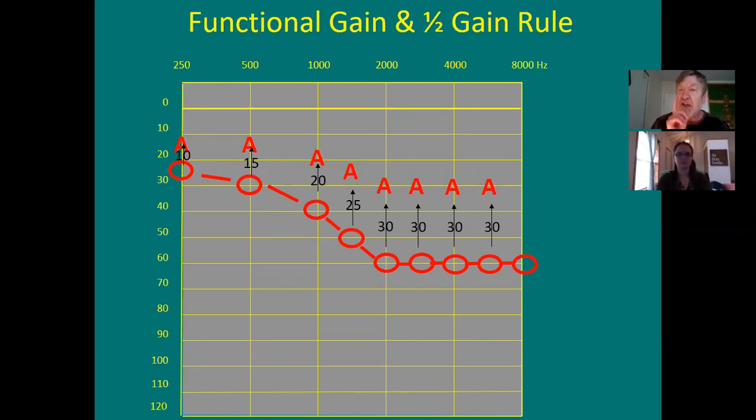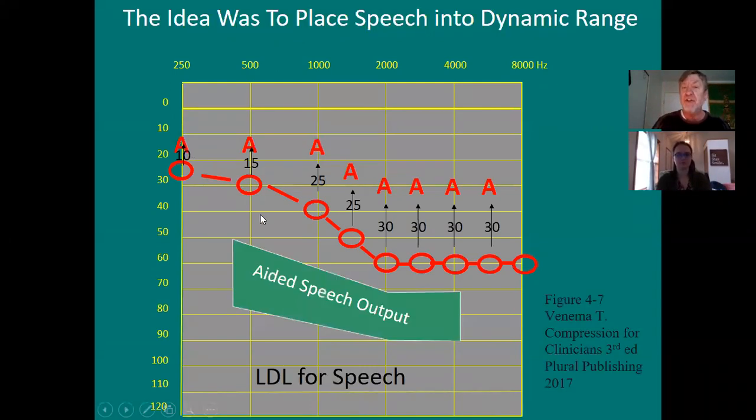The thought was this: if I improve the guy's hearing by half, that means that input speech, when it comes in, okay, input speech, my output is going to look like this. Okay, it's going to sit somewhere between the guy's thresholds and his loudness discomfort levels. In other words, my aided speech output will sit nicely in the guy's dynamic range.